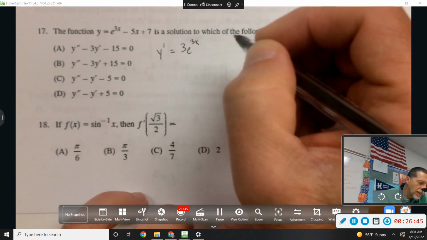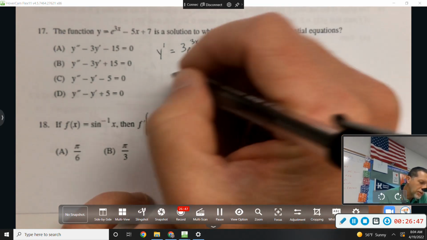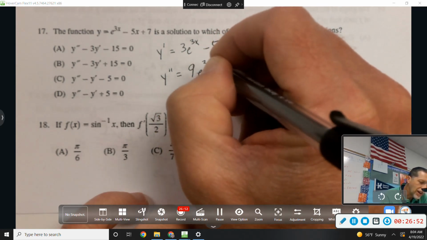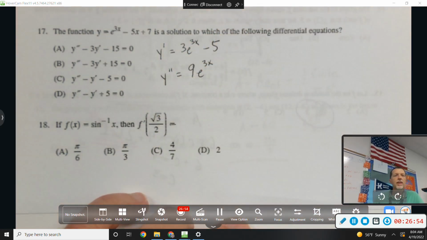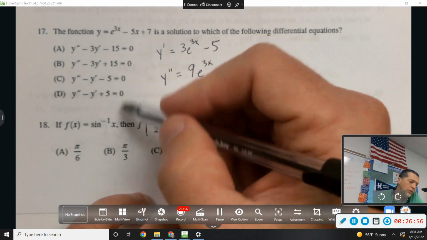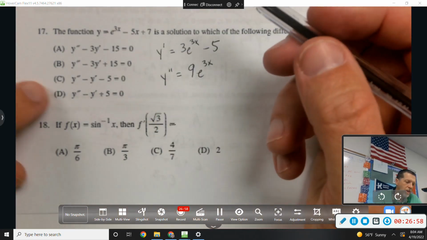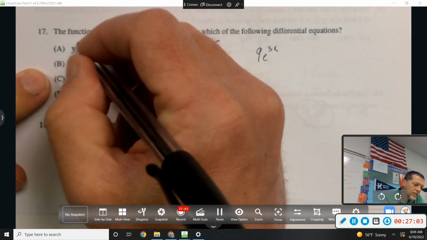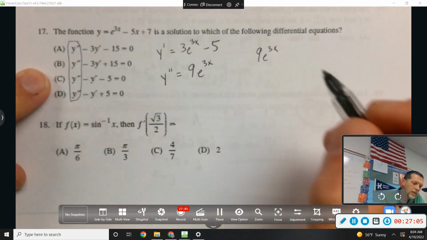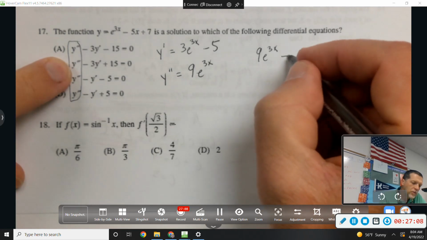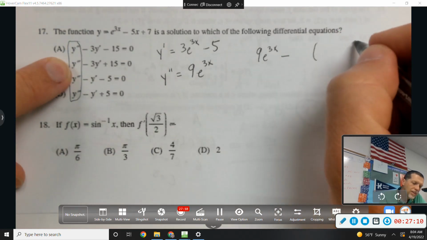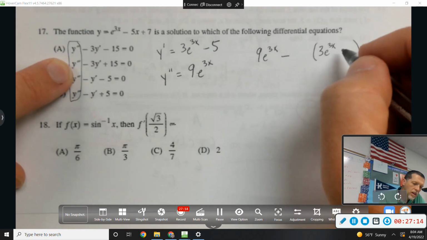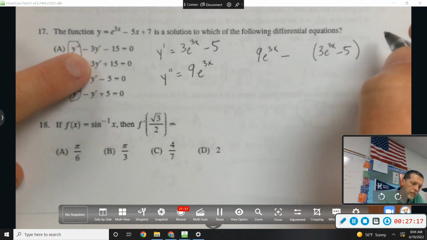3e to the 3x minus 5 would be the first derivative, and the second derivative would be 9e to the 3x. And basically we just need to see which one of those works. They all start with 9e to the 3x, so that part's the same for all of them. And then they all subtract some number of y primes, and then they add or subtract 15.